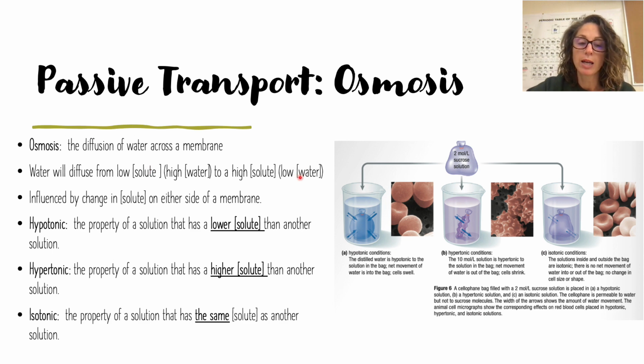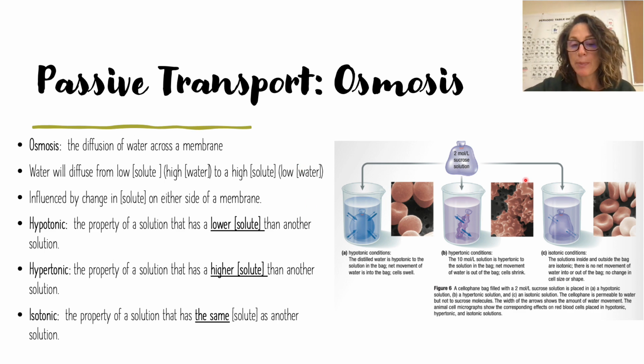And these square brackets mean concentration in the science world. Okay, so water would move from an area of low solute. So if there's a little bit of sugar, for example, in a solution, the water would move to where there's more sugar because it's going from an area of high water to low water concentration. So there are 2 ways to look at it. As long as you communicate yourself properly, you'll be correct.